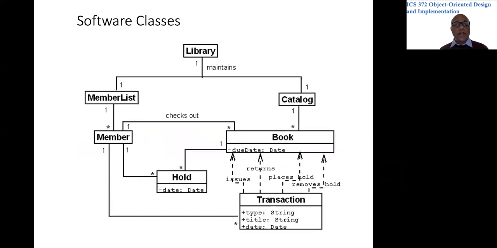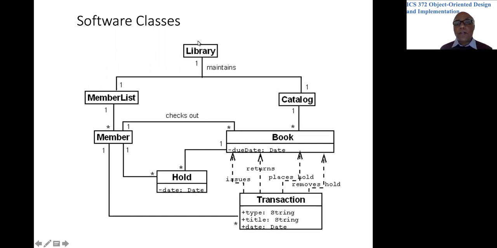So let's first look at this slide, which shows every physical class that we came up with during the design stage, except user interface. That is not part of the business logic. So we decided not to show that here.